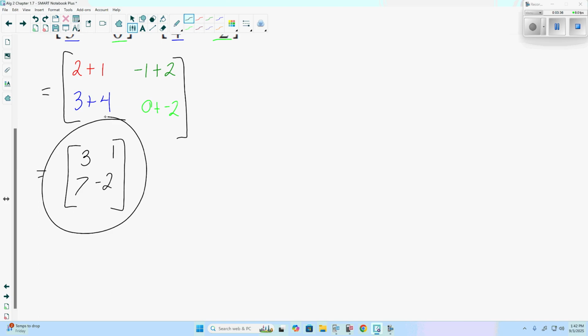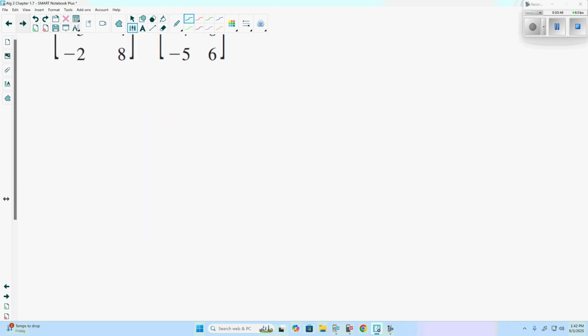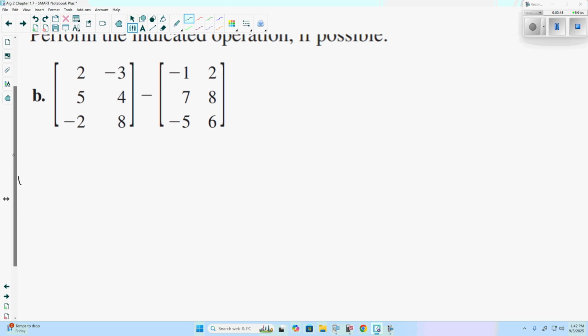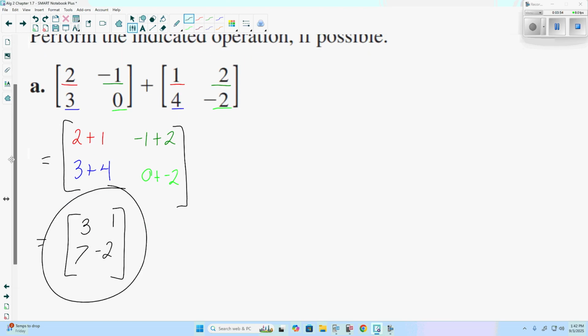I just wrote a step in the middle so that we can see how they connect to each other. If you don't need that middle step, that's fine. Questions on this here? We good with this one? We ready for the next one?